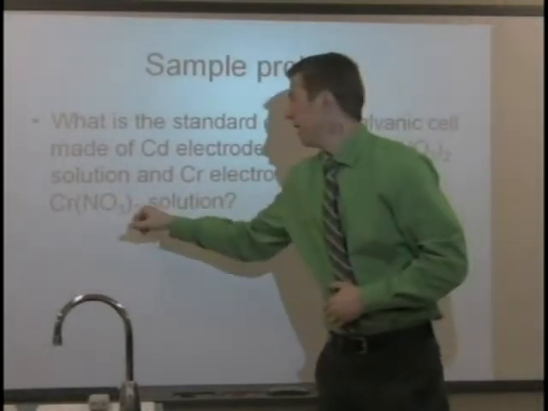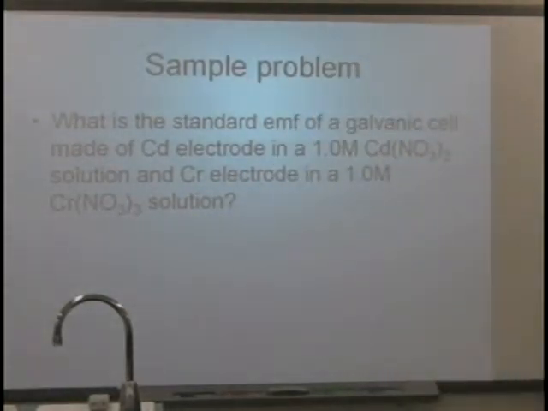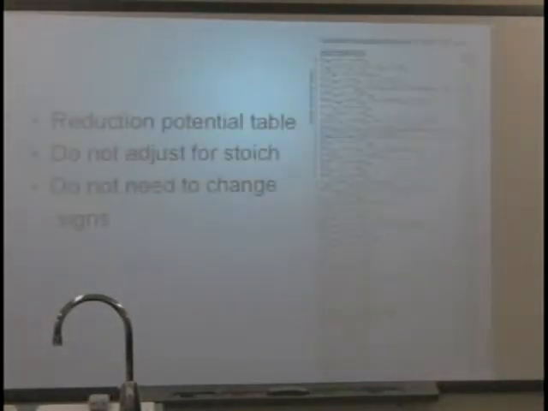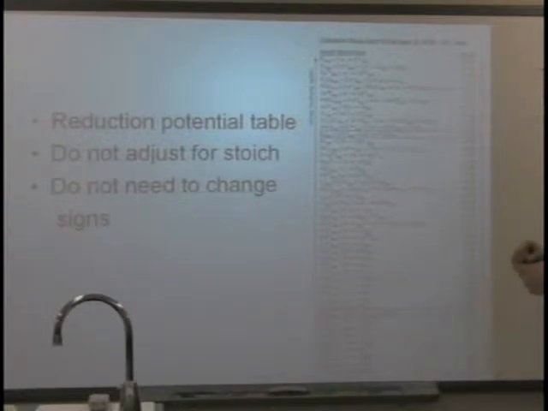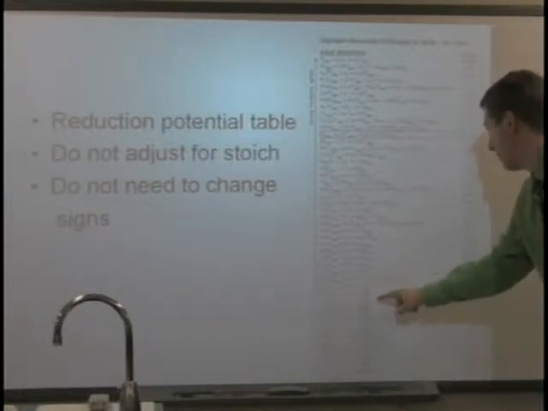Here's a 0 and a +3. So if we go back to the previous table here, what you need to do is find cadmium on here and chromium on here. And whichever one's higher is going to be your cathode. Here's cadmium, the 0.40. If I look for the chromium, chromium is going to be a little further down, I believe, right here. So here's cadmium, here's chromium.